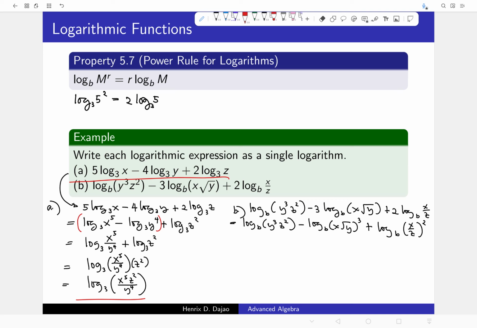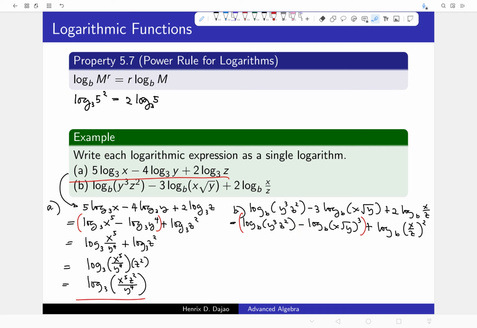There are 3 terms here. Let's say I group the first 2, or you can actually group this one and this one. You'll come up with the same answer if you group either way. But be careful with the minus.